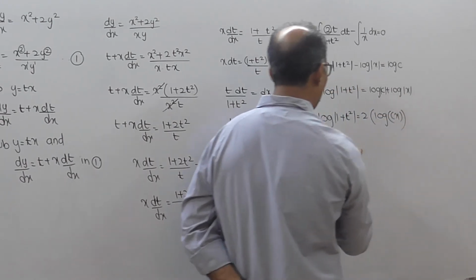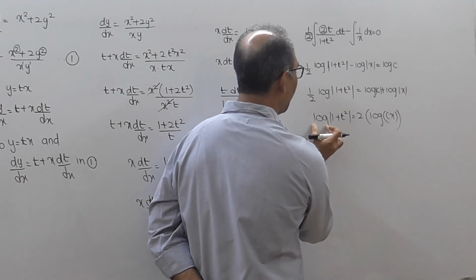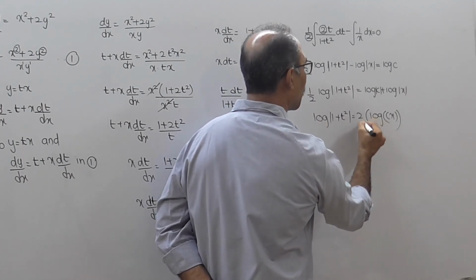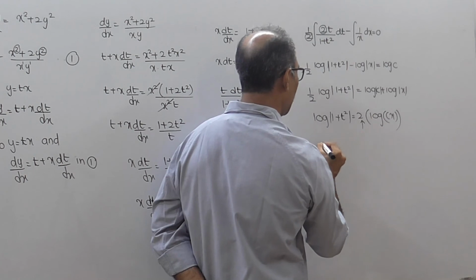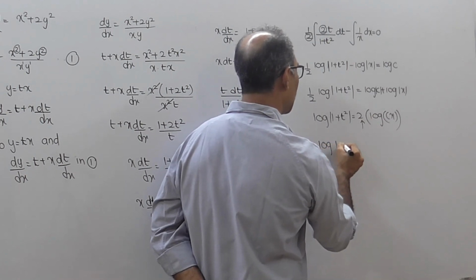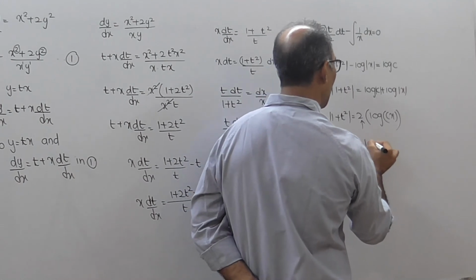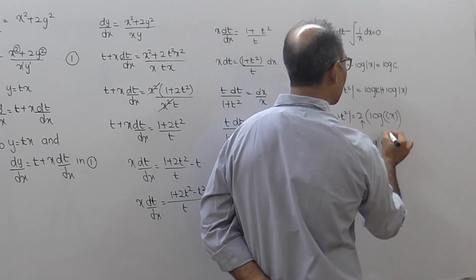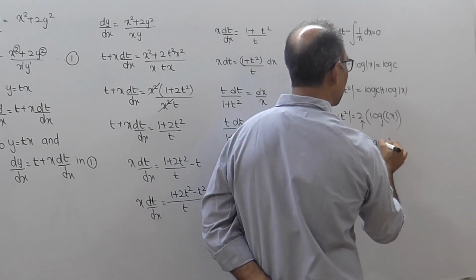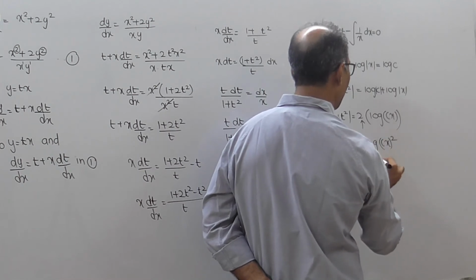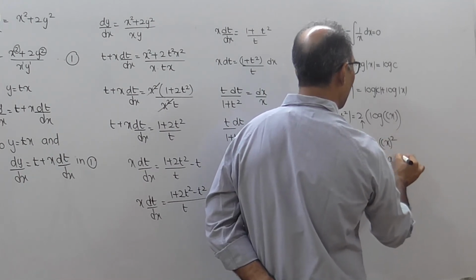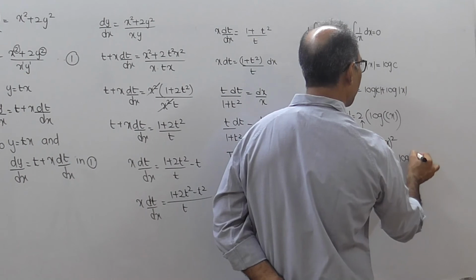Okay. Now if I have to compare both sides, I need to have a log here and I need to have a log there, but this 2 is unfortunately there. So what I will do is I will write this as log modulus of 1 plus t square equal to log cx raised to 2, meaning I am converting n log a, and that is equal to log of a raised to m.